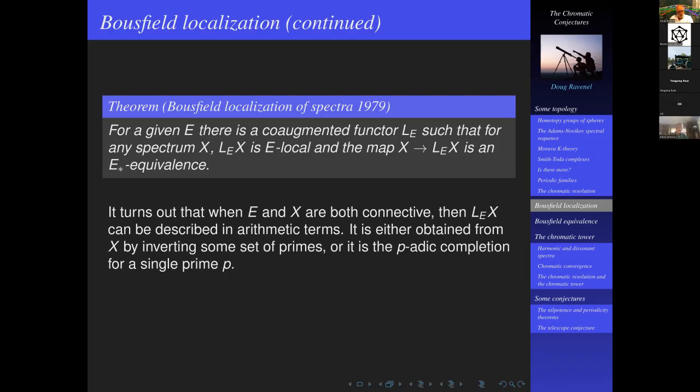And we already understood how to do this at the time. Inverting primes or completing at a prime had been around for a while. So this is not surprising, that is, if E and X are both connective. But if either of them fail to be connective, then things get much more interesting. And the spectra that are given by Bousfield's theorem become much more interesting and mysterious.